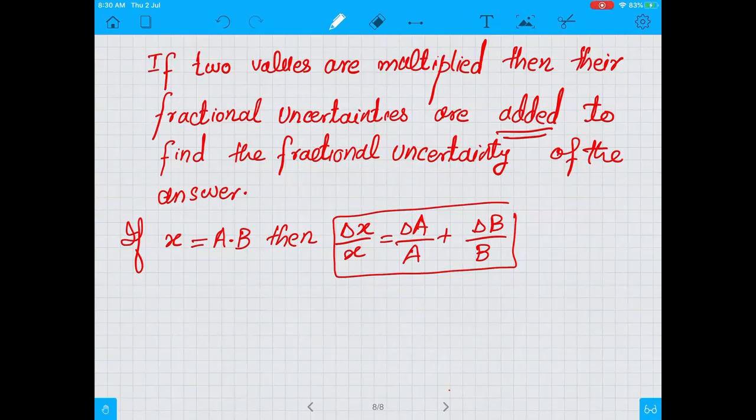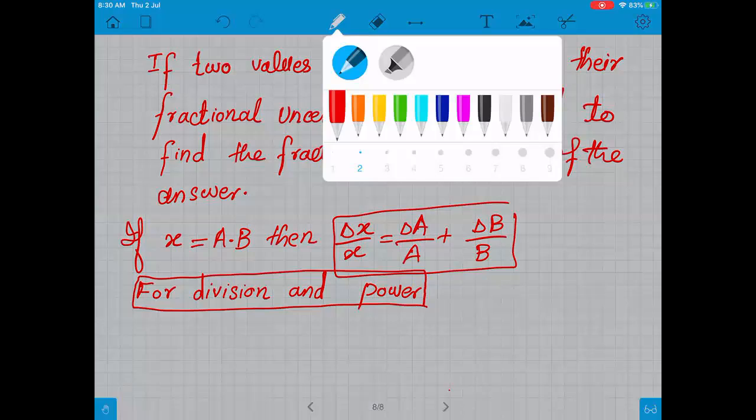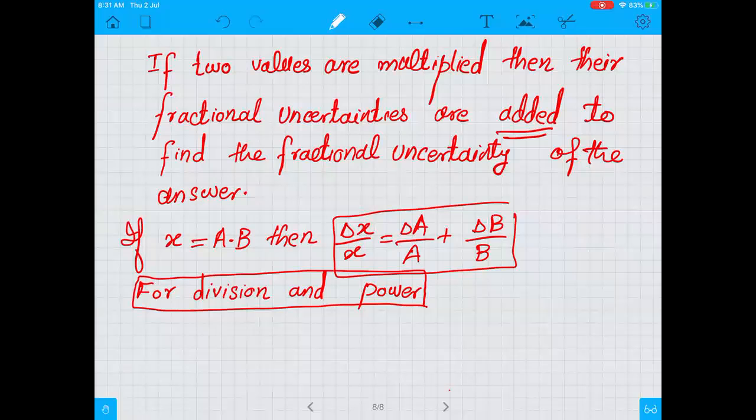Now, what about the division? For division and power, the way I proved the formulae for subtraction and product, I would like you to prove the formula for division and power.